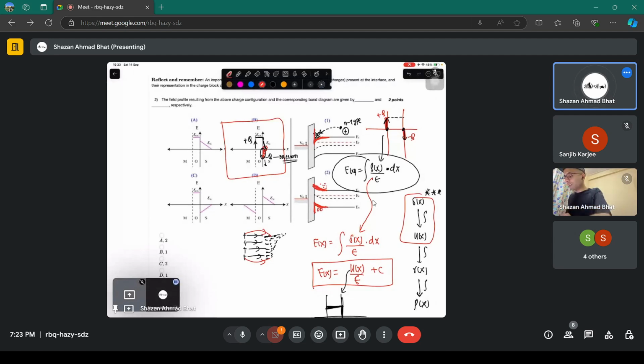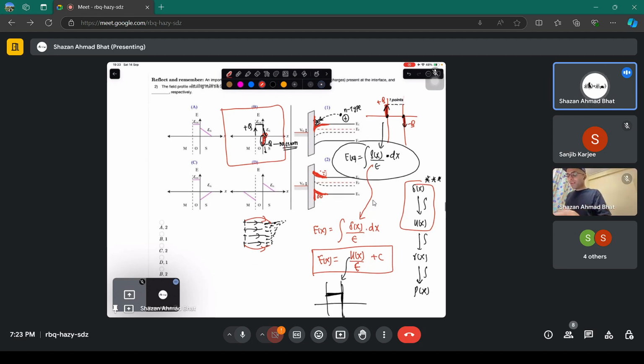The hole likes to be there because of lower electrostatic potential energy for holes. Whatever happens for the electrons, the opposite happens for the holes.